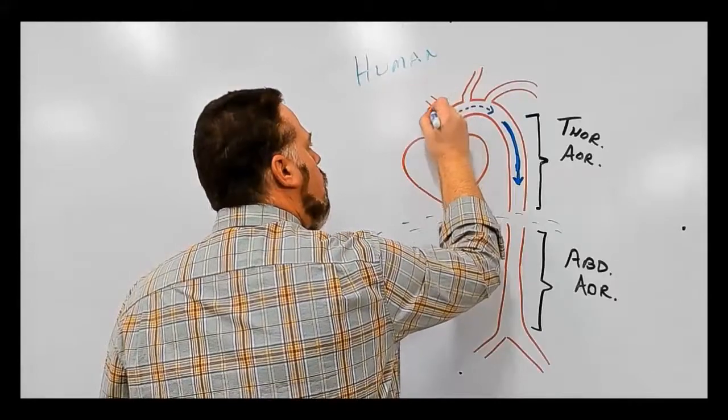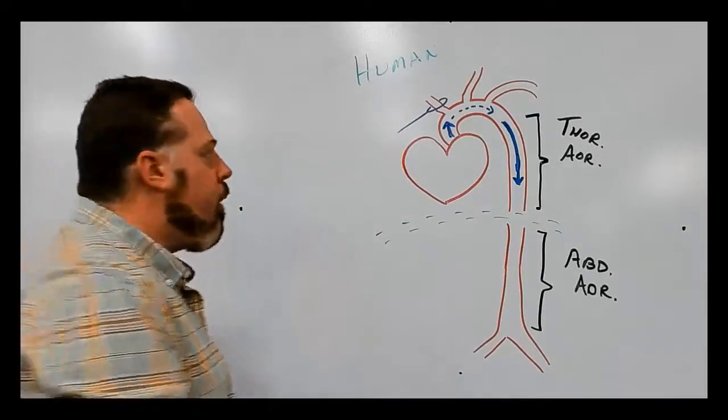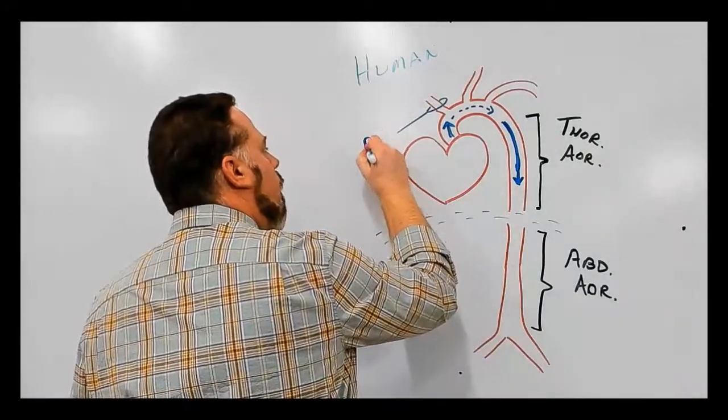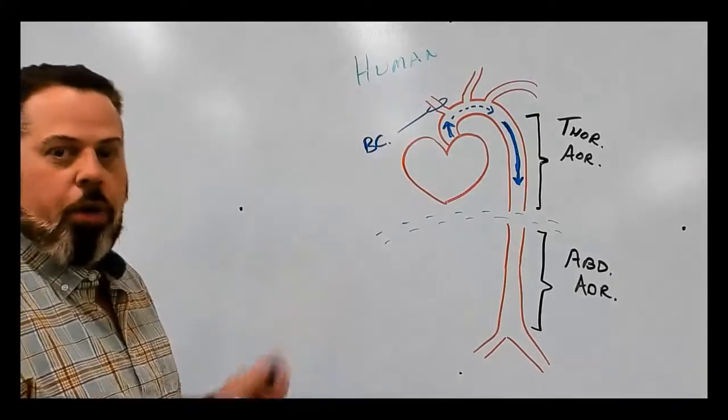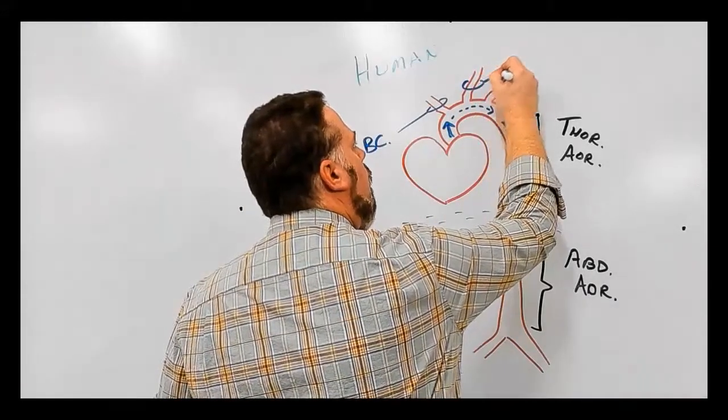The first branch over here is the brachiocephalic trunk, or some people say the brachiocephalic artery. Again, I'm just abbreviating. These are arteries. The second branch over here is going to be what?